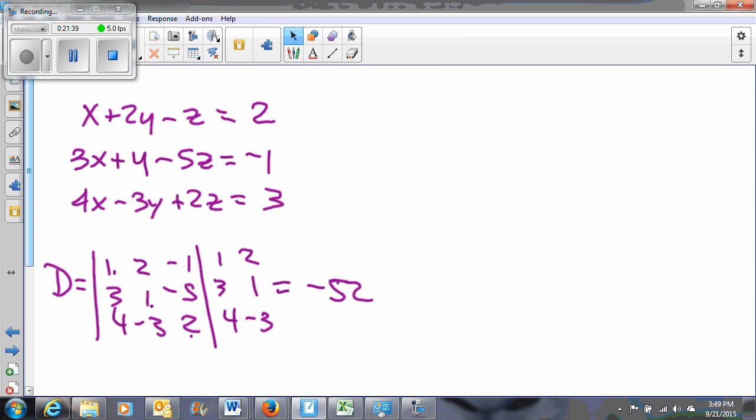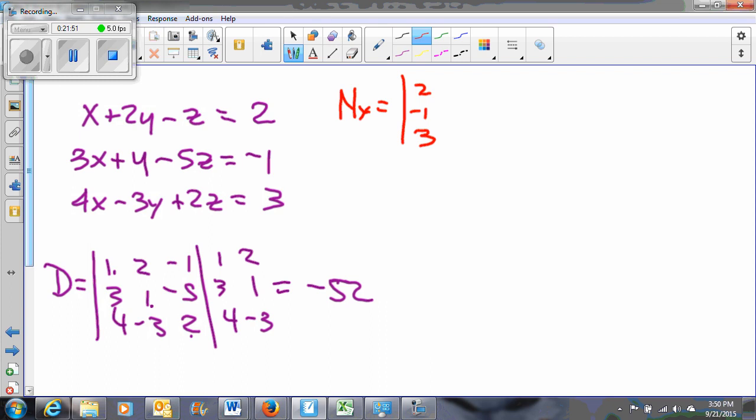Now, the numerator determinant, n sub x, is going to be 2, negative 1, 3, 2, 1, negative 3, negative 1, negative 5, 2.